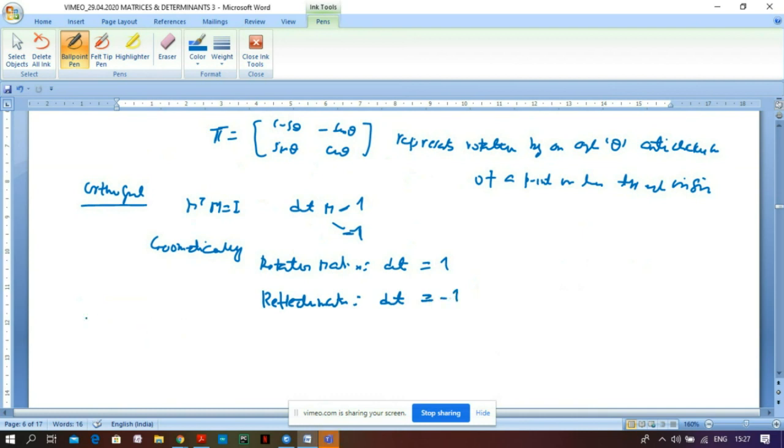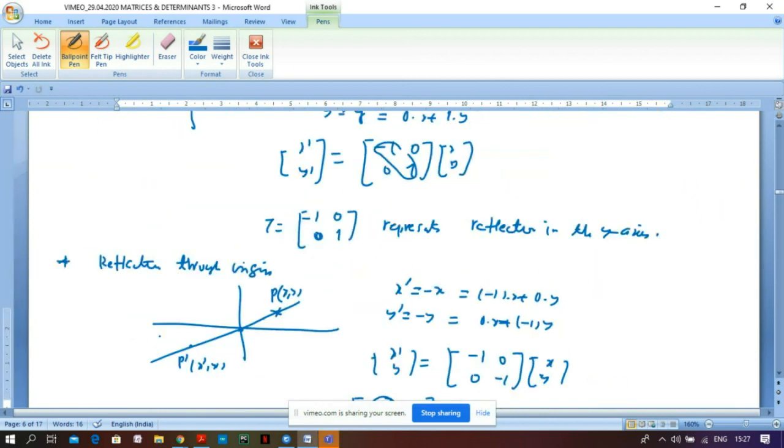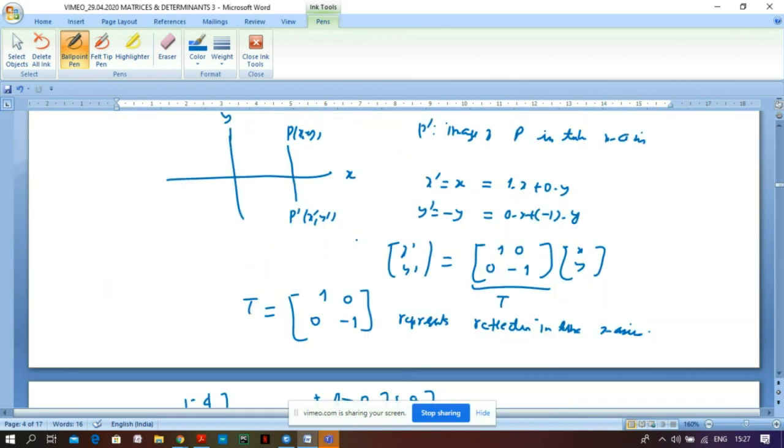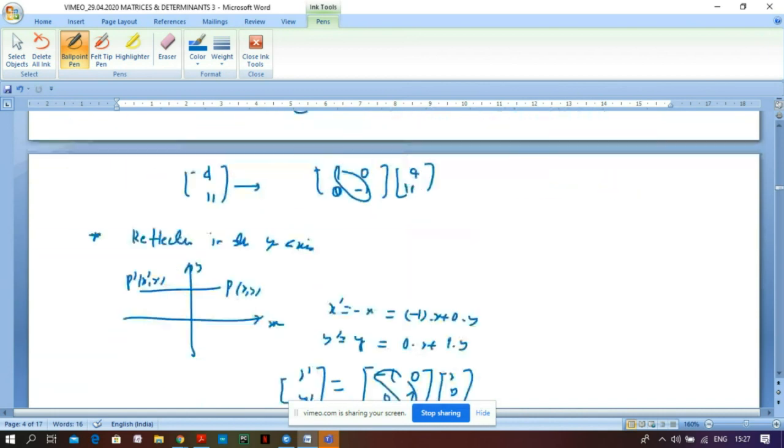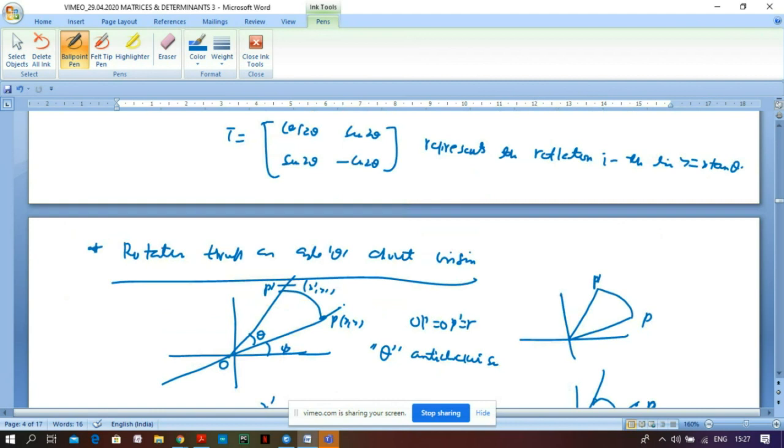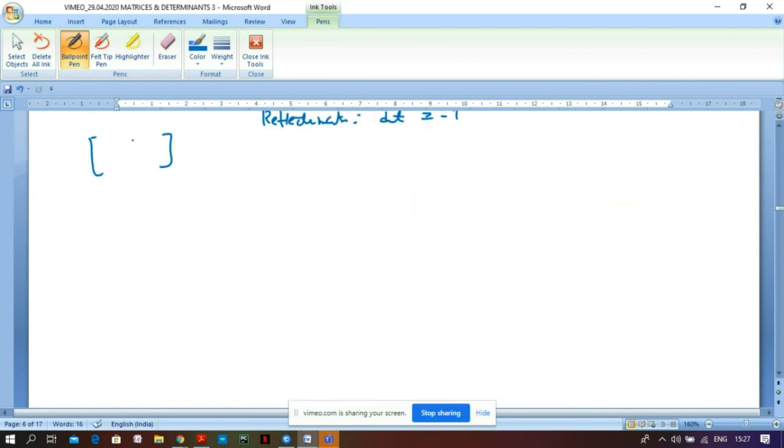So see, we had got these matrices. First was reflection through the x-axis. If you remember, we started with this one: reflection in the x-axis, 1, 0, 0, -1. Then reflection in the y-axis, which was given to be -1, 0, 0, 1.